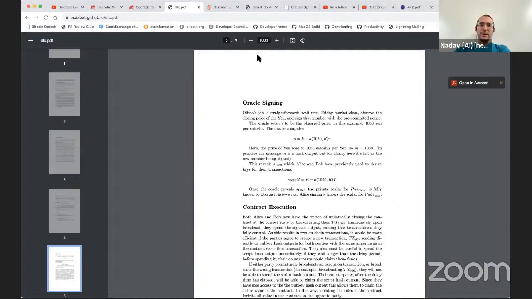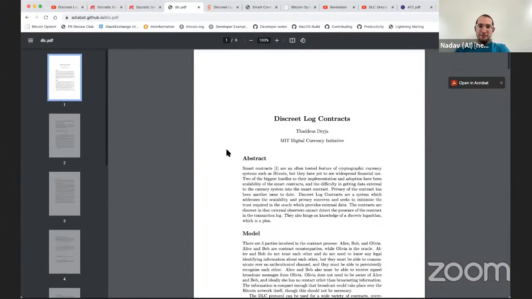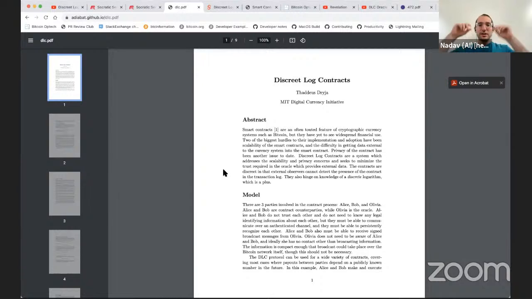On page 1, I think he states it pretty well in the abstract. Essentially the goal is, he mentions financial use, but more generally speaking, a private contract scheme that is scalable.